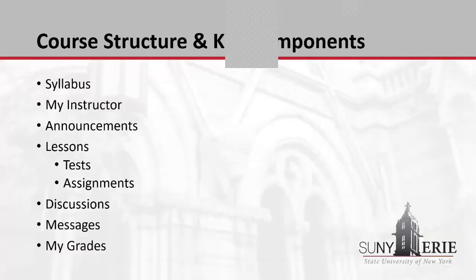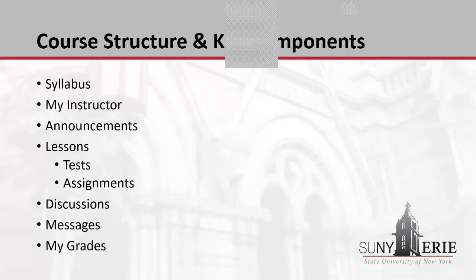So now that we've talked about accessing Blackboard and what's available when you first log into Blackboard, I want to dive into some of the key features of your courses. So instructors, as you've likely noticed if you're in more than one class, can customize their menu options to a certain extent. So each course might look a little different, but they tend to follow a similar format.